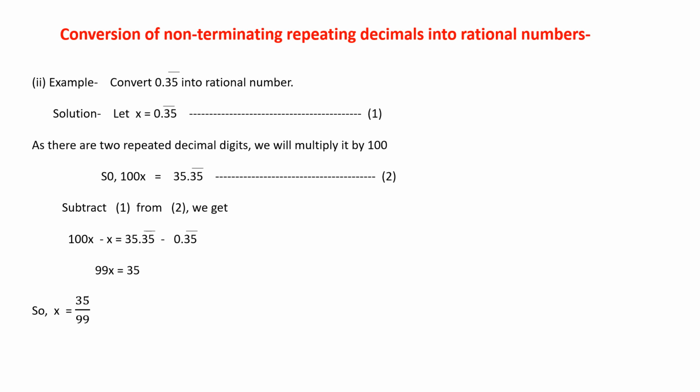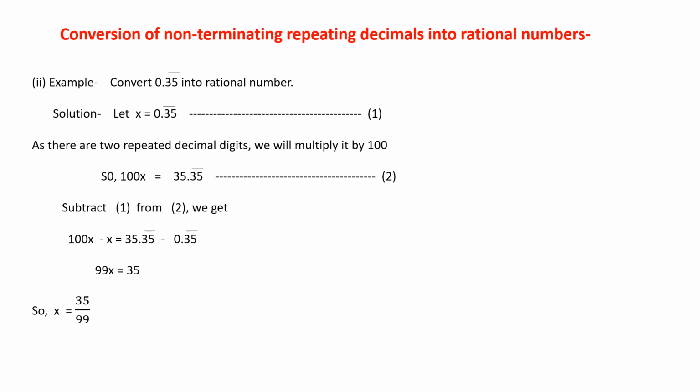Now let's take one more example. Convert 0.35 bar into a rational number. The same procedure will be followed. Let x is equal to 0.35 bar and name it equation number 1. As there are two repeated decimal digits, we will multiply it by 100.